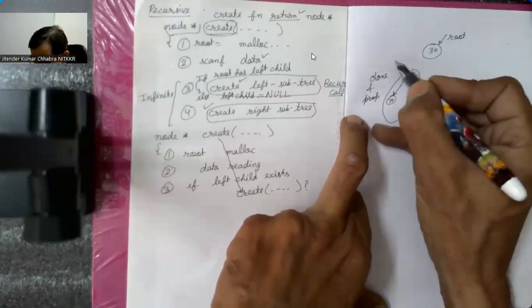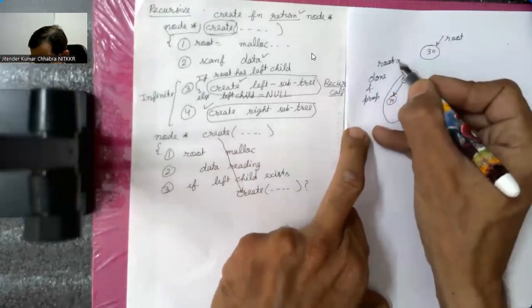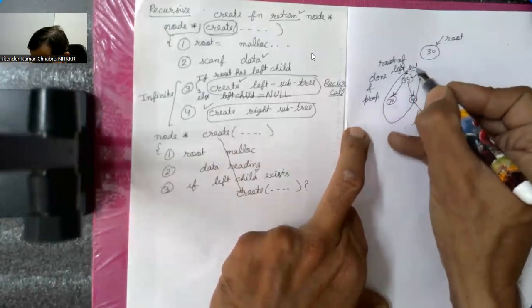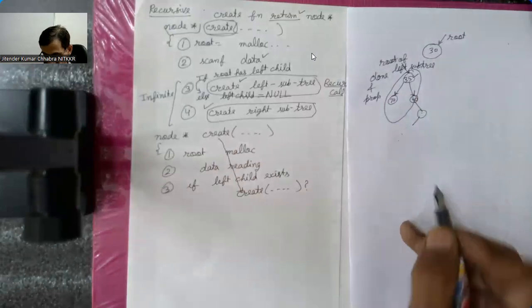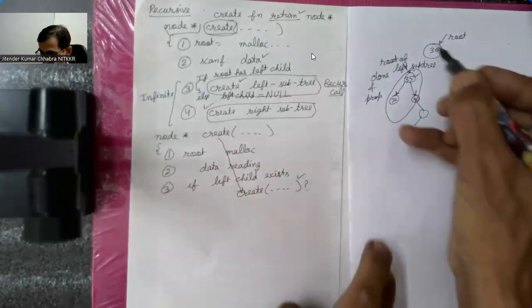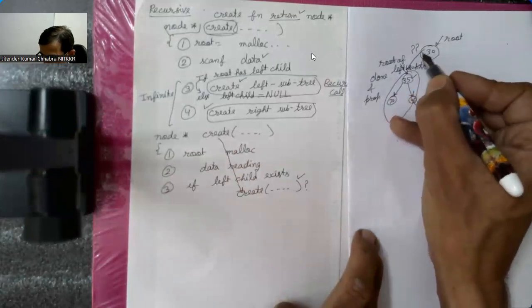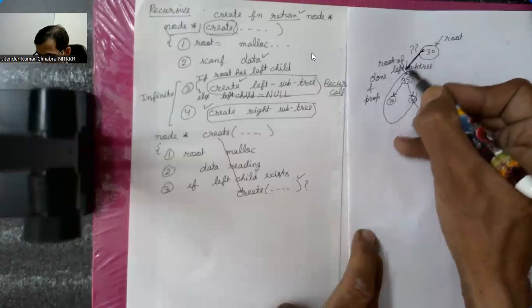And the root of the left tree will be returned. So by recursive call, this activity is complete. But I have not maintained this link. So this linking has to be done. This you have to ensure.